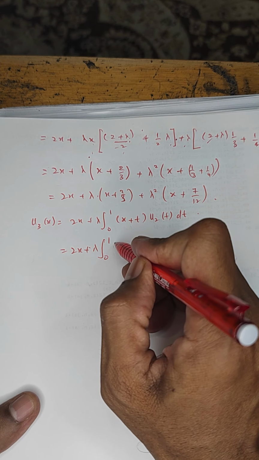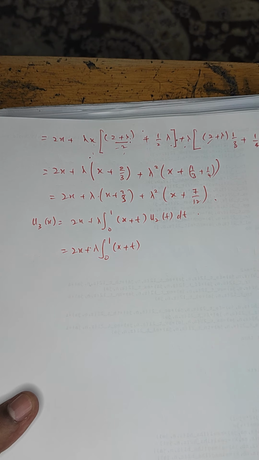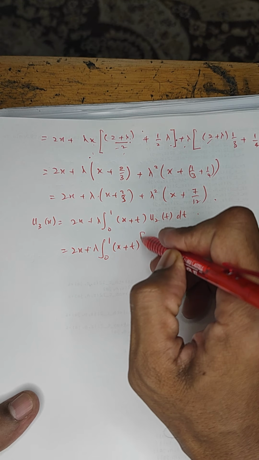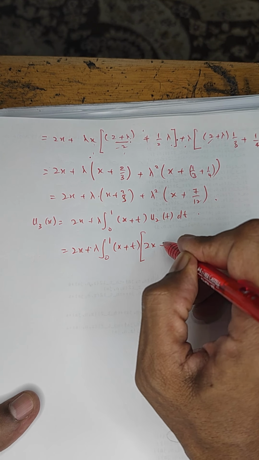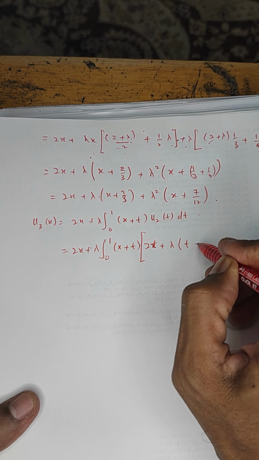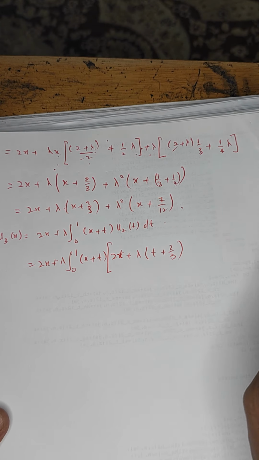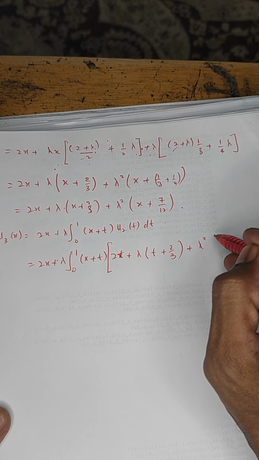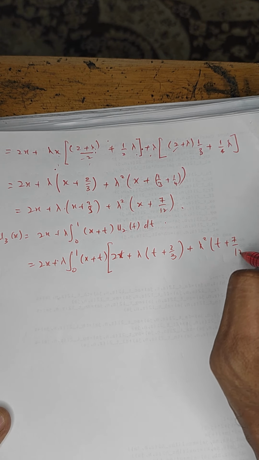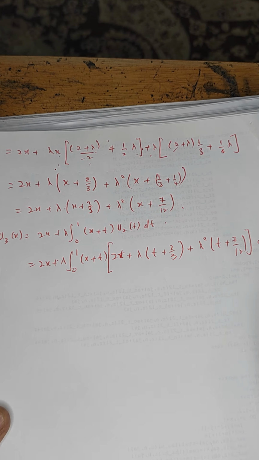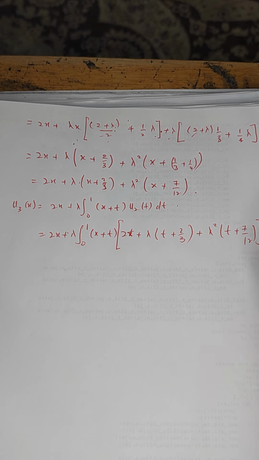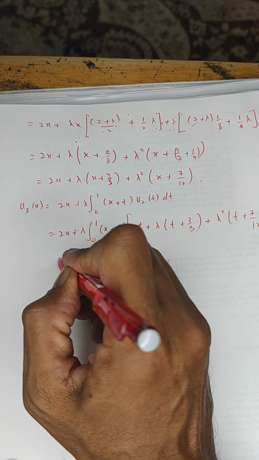We have x plus t here, and then u2(t) is given here, so you can just put everything there: 2t plus lambda, t plus 2 over 3, plus lambda squared, t plus 7 over 12, dt. Again that's straightforward. I don't want to do that. I just give you the solution.